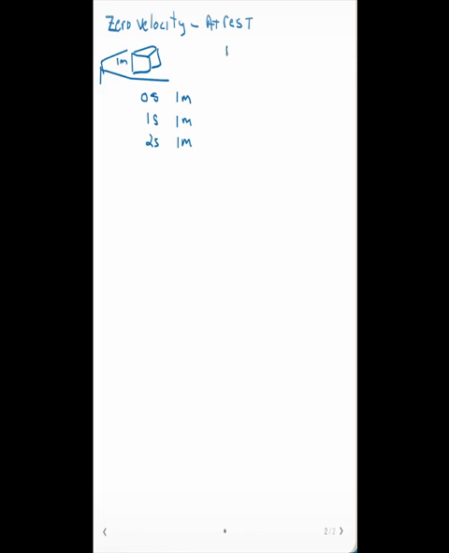So if we draw a graph of distance against time, we come up here and this is 1 meter, and here it's 2, and here we have 0 seconds, and then we go 1, 2, 3, 4, 5, etc. Time is in seconds, and distance here is in meters.